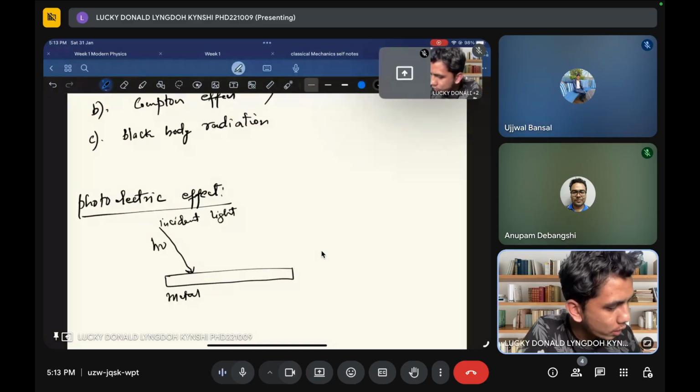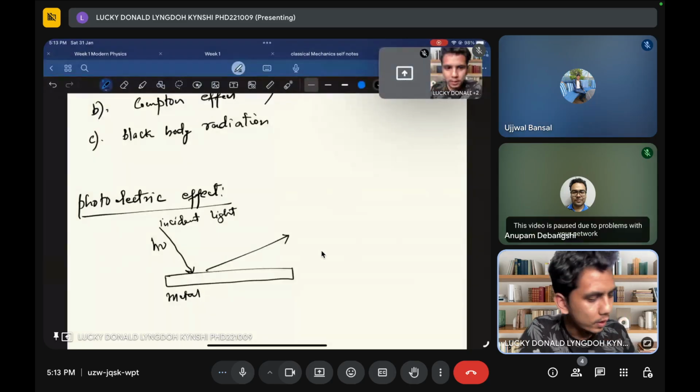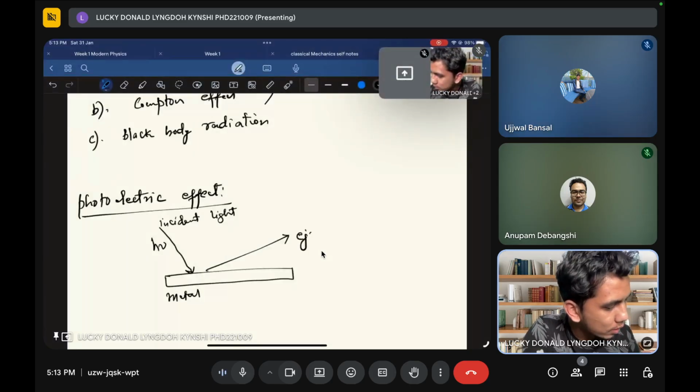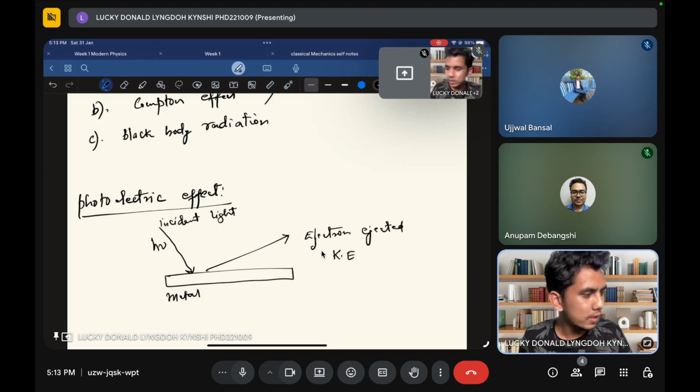Then electrons go out. These are ejected electrons, which have a certain kinetic energy. So you have a certain metal, you shine incident light of energy h mu, and electrons will be ejected.